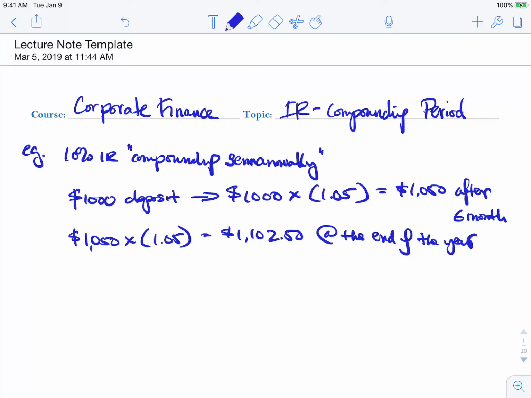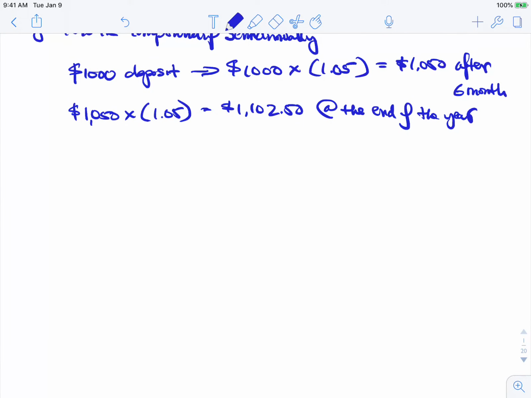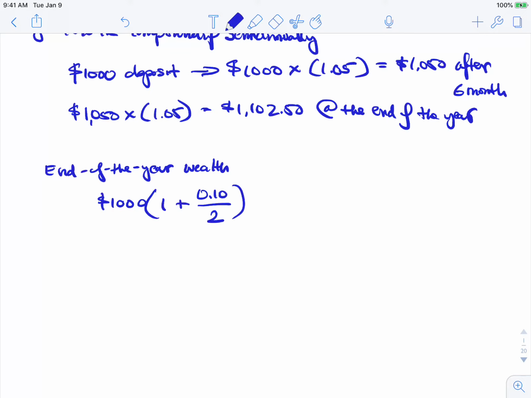Okay, so at the end of the year, your wealth can be written as 1,000 times 1 plus the 10% over 2, since it's semi-annual, to the power of 2.